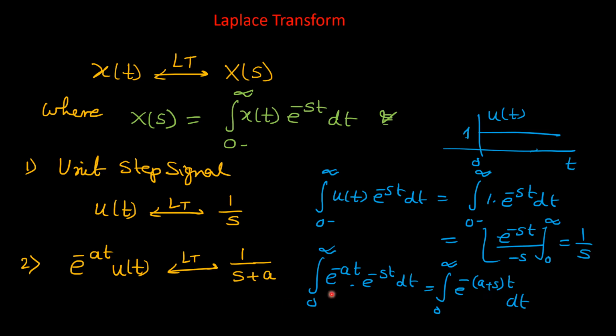This expression is exactly the same as before, except s is replaced by s plus a. So 1 upon s here becomes simply 1 upon s plus a. So these two are important signals: first is the unit step signal, and second is the exponential signal.